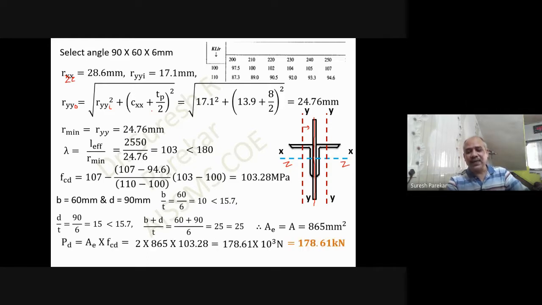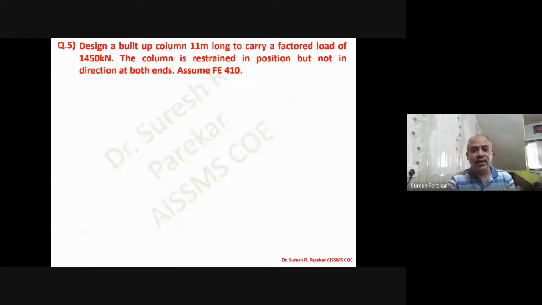Then you can see the value is 5 to 10% greater than the equal angle section. Area there we have 866, and area over here we have 865. So the unequal angle section is a little bit more economical in design. Then we have this value 178.61, which is again greater than 150 kilonewton, therefore safe.